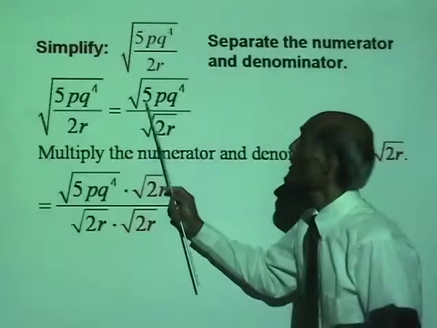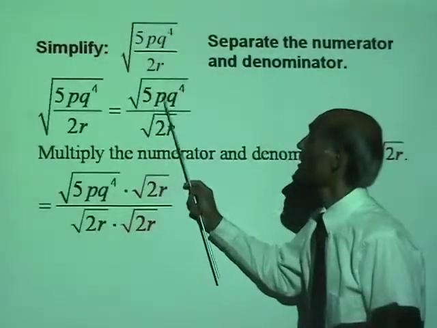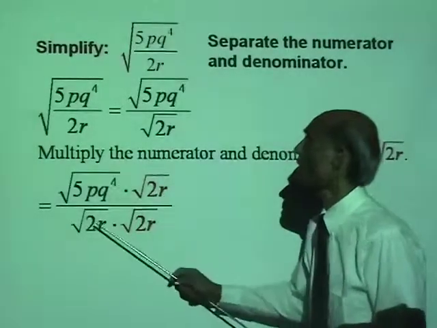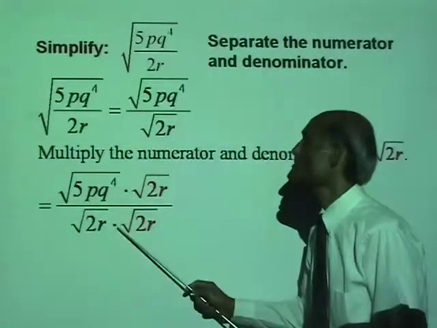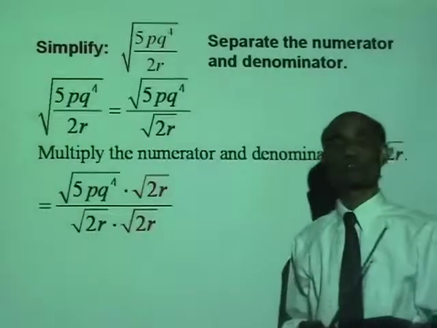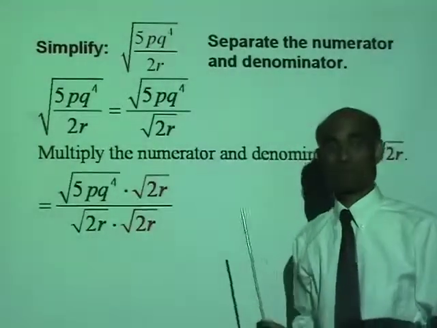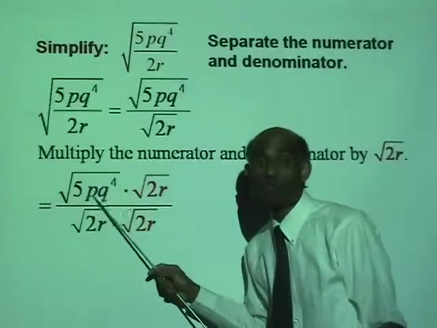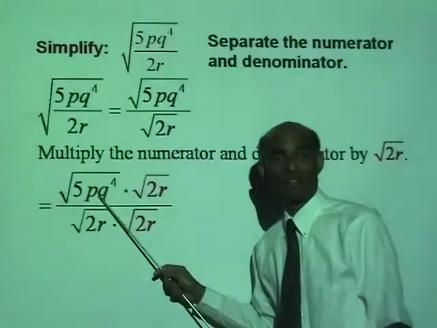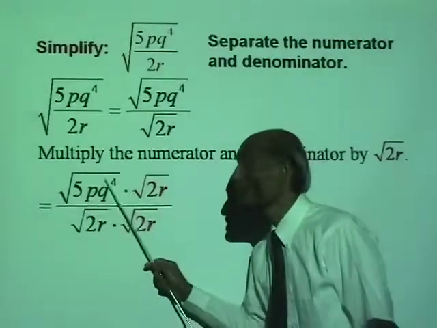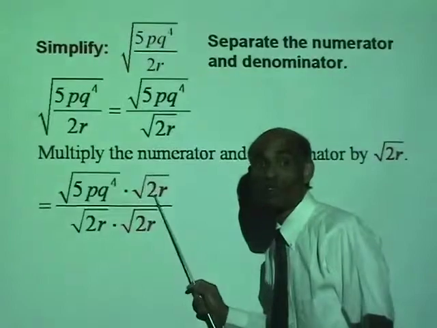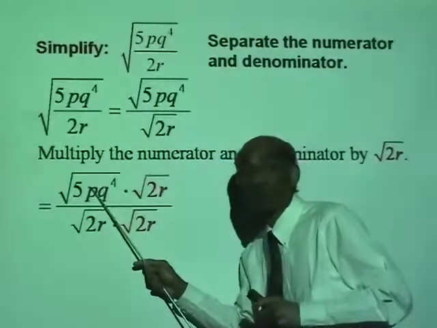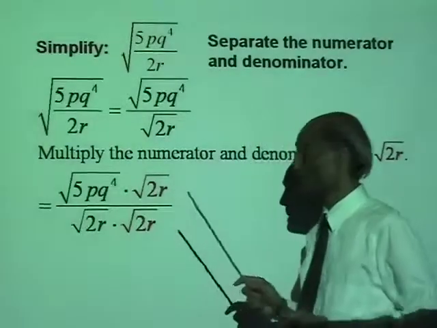This now becomes square root 5p q to the 4 times square root 2r over square root 2r times square root 2r. Well, on the numerator we can use the product rule, can't we? Square root of a quantity times the square root of another quantity is square root of this quantity times that quantity.